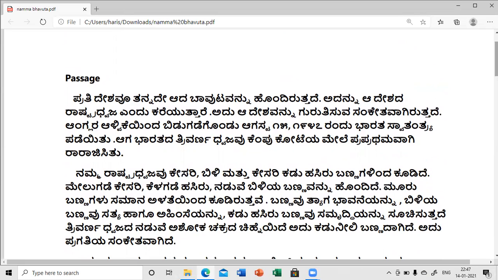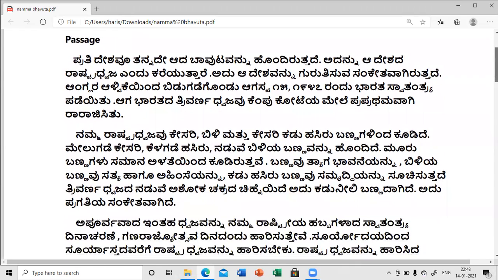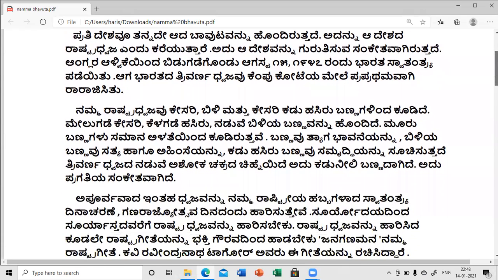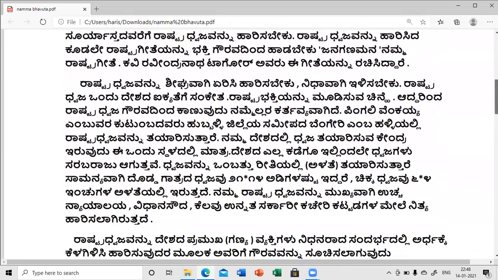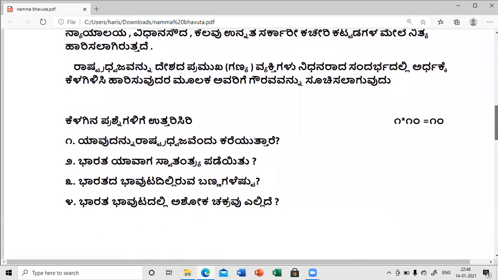This passage is about the Indian flag and its details. Assuming that you all know how to read the passage and the language as well, I would take you to the first question.